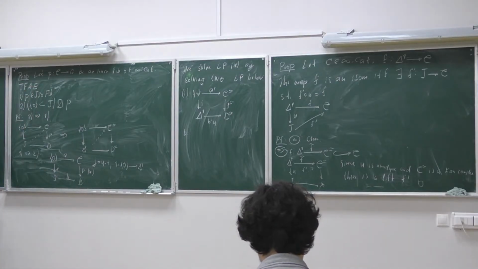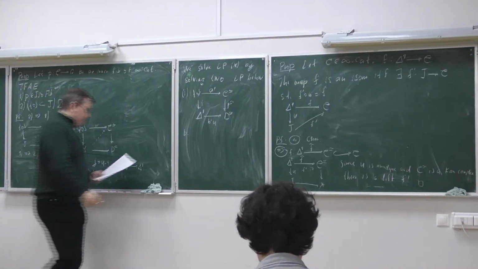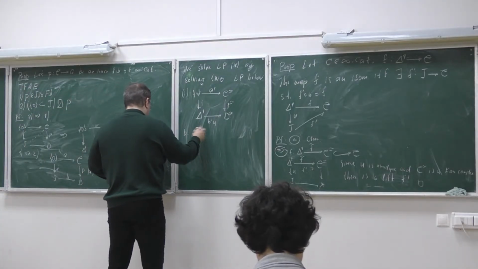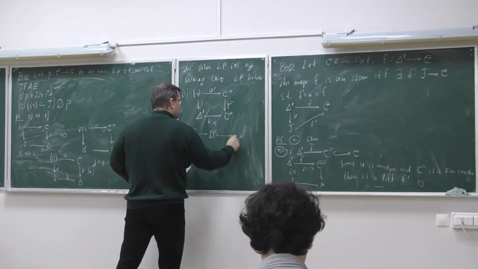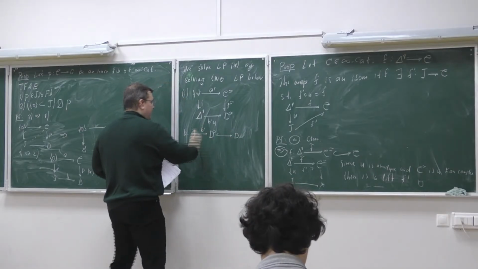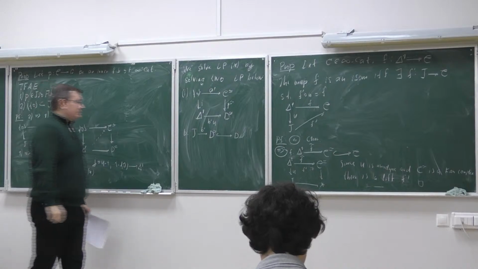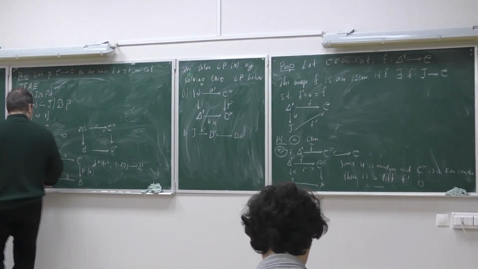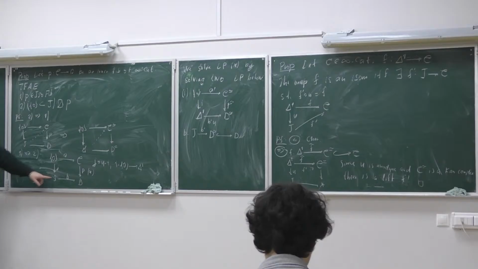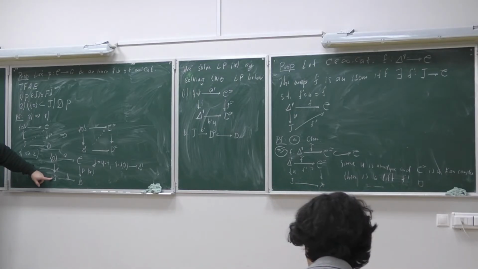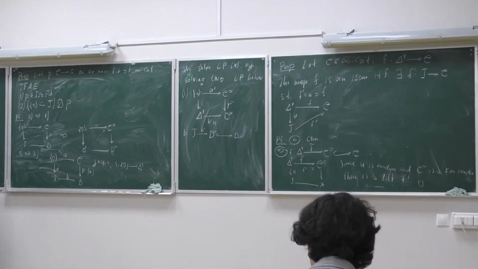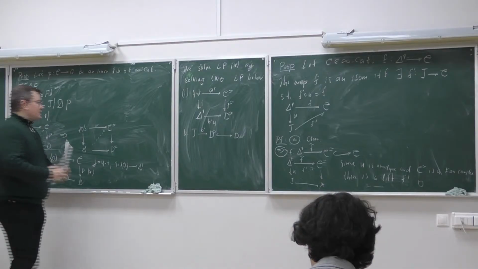So B is from the J to the D, and I can decompose this and consider it as a map from the J to the maximal subgroupoid of D, and then the inclusion of this maximal subgroupoid into the D. This first map I'm going to call B prime, since this is a map from some complex or infinity category to the D; it always lands in the maximal subgroupoid, and the same is true for the A.